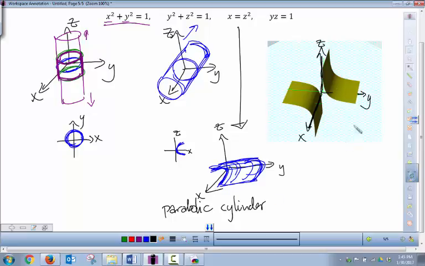These started off with hyperbolas on the yz plane, and then they turned out to be cylinders, so I would call these hyperbolic cylinders.